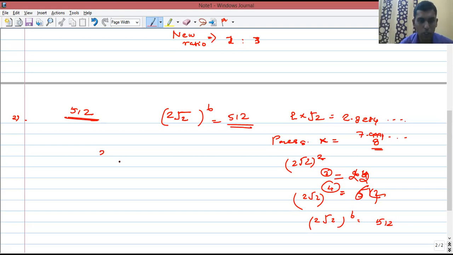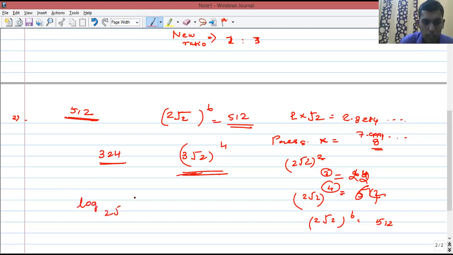Similarly, if you take 324, it will be 3 root 2 power 4. That will be equal to 324. Right? Then, if you apply the property of logarithm, you will get to the right answer. 2 root 2 power 6 to log 3 root 2 power 4.